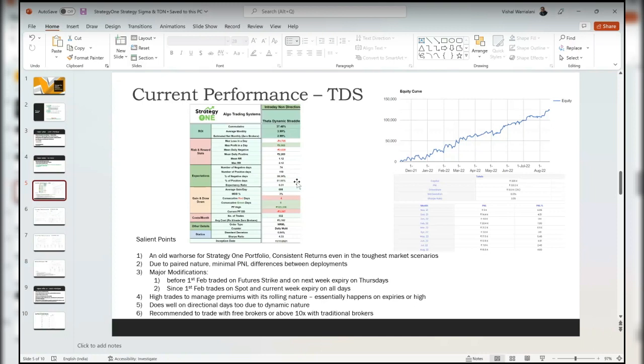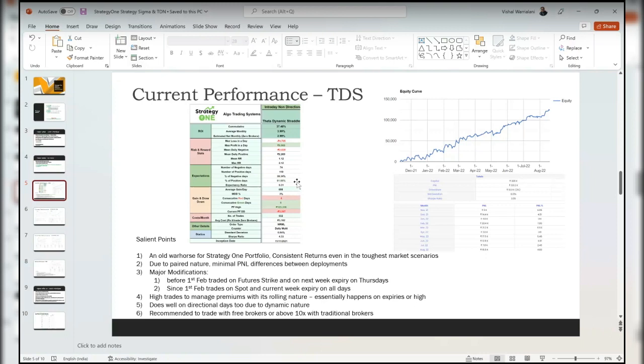This includes some of the very difficult months in April, May, and June, where quite a few strategies struggled, and it was able to perform despite that. When we see this number, it has done quite well on certain days.